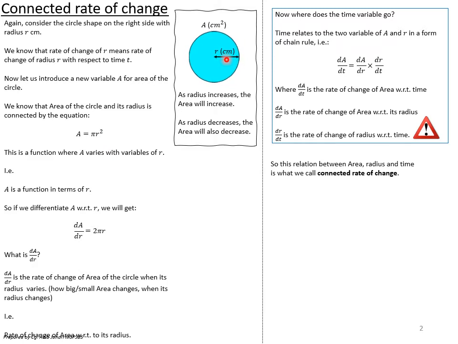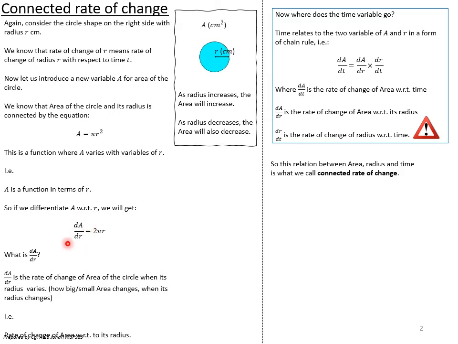As radius decreases, the area of the circle will decrease. As radius increases, the area will increase. So they are connected. A is a function in terms of r. If we differentiate A with respect to r, not t, we have dA over dr. This is not the rate of change of A with time.